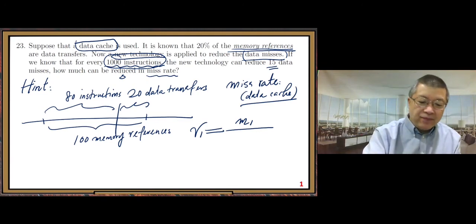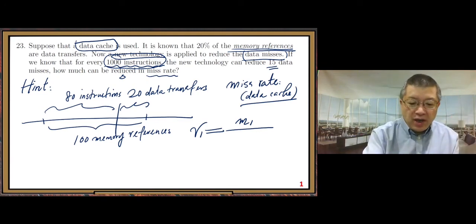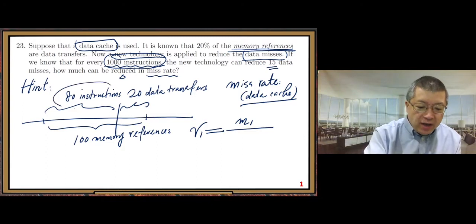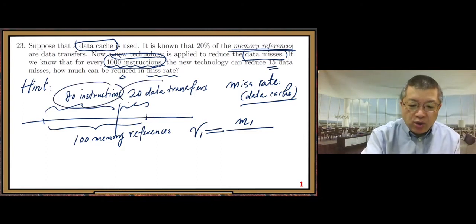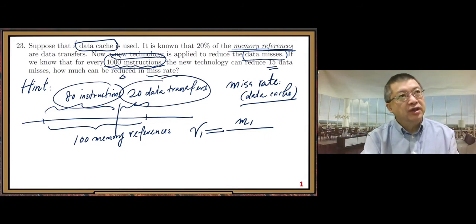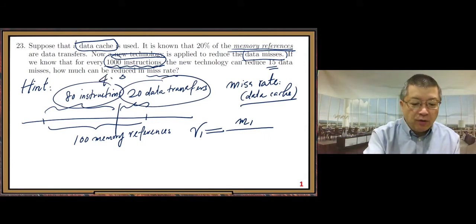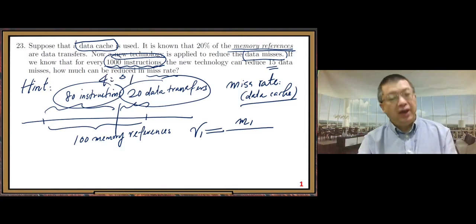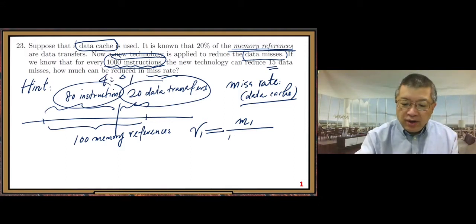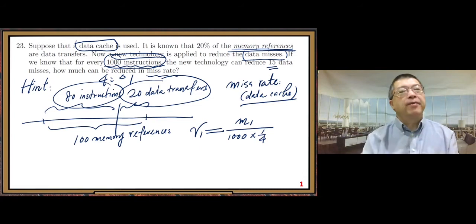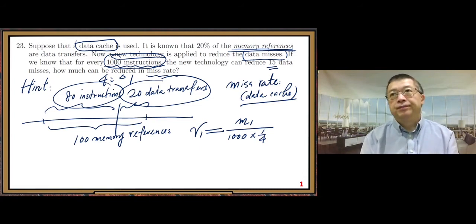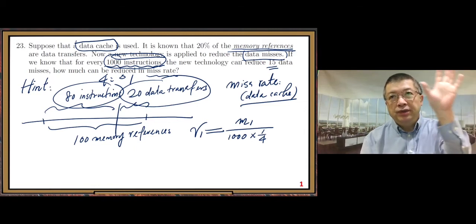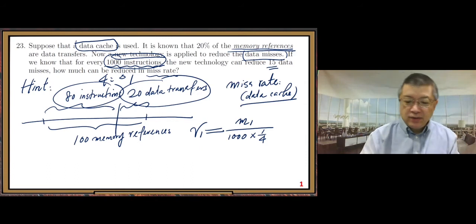We know that for 80 instructions, there are 20 data transfers. 4-to-1 ratio, right? Now if we have 1,000 instructions, the number of data accesses is 1/4 of the instructions for R1.